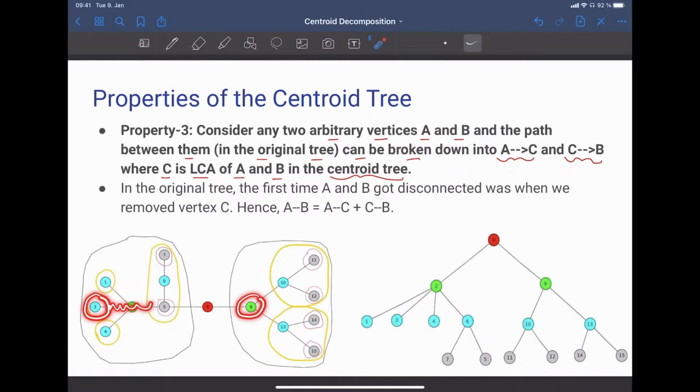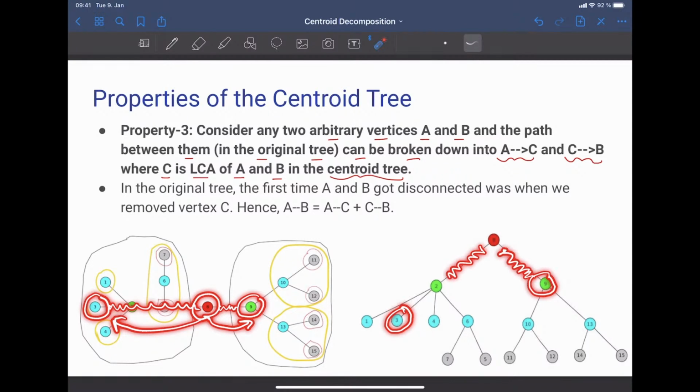This is the path between node 3 and node 9 in the original tree. The claim is that this path can be broken down into two paths, the path between 8 and 3 and the path between 8 and 9. And where does this 8 come from? This 8 comes from the fact that the LCA of 3 and 9 in the centroid tree is 8.